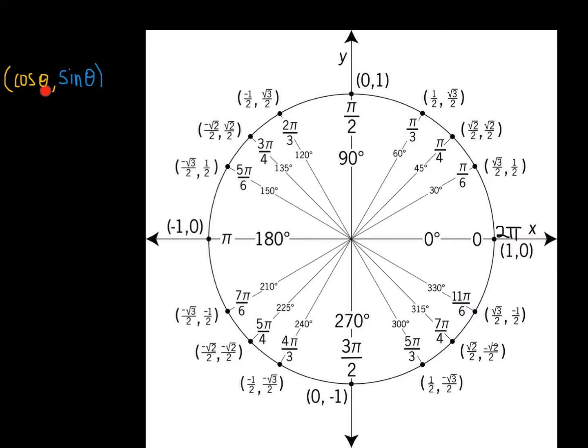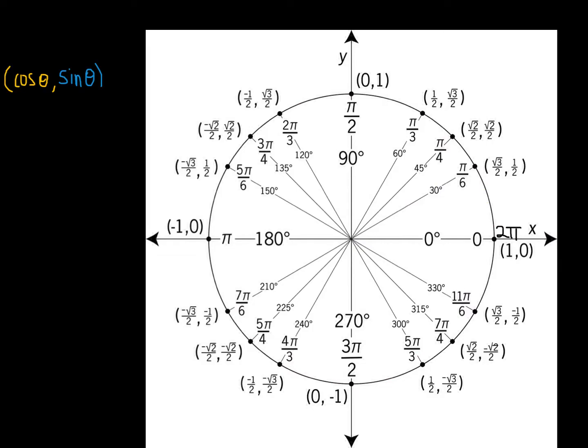And then, of course, the cosine of an angle is defined as the x-coordinate of the point where the terminal side intersects the unit circle. So it's essentially just the point on the circle after rotating that far, or that many radians. And the sine is the y-coordinate.